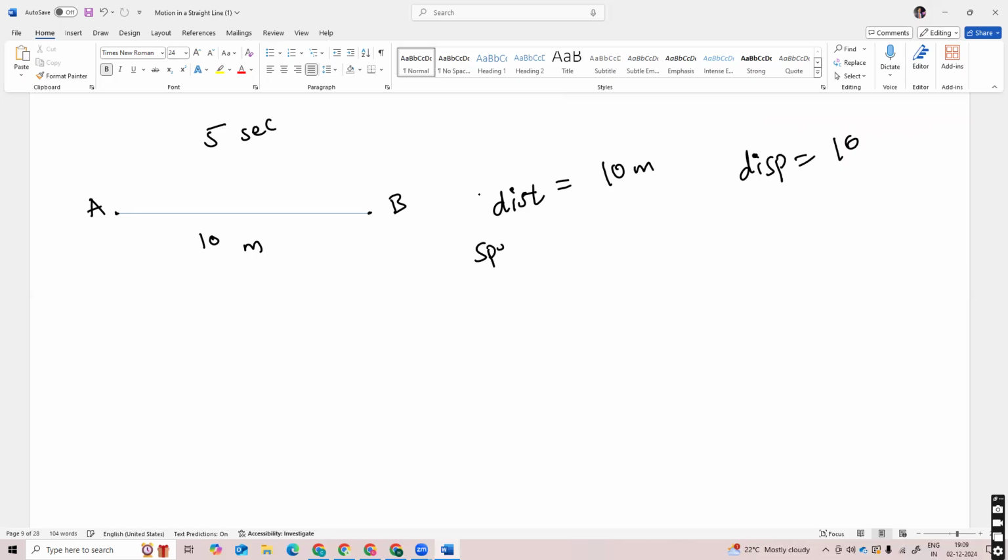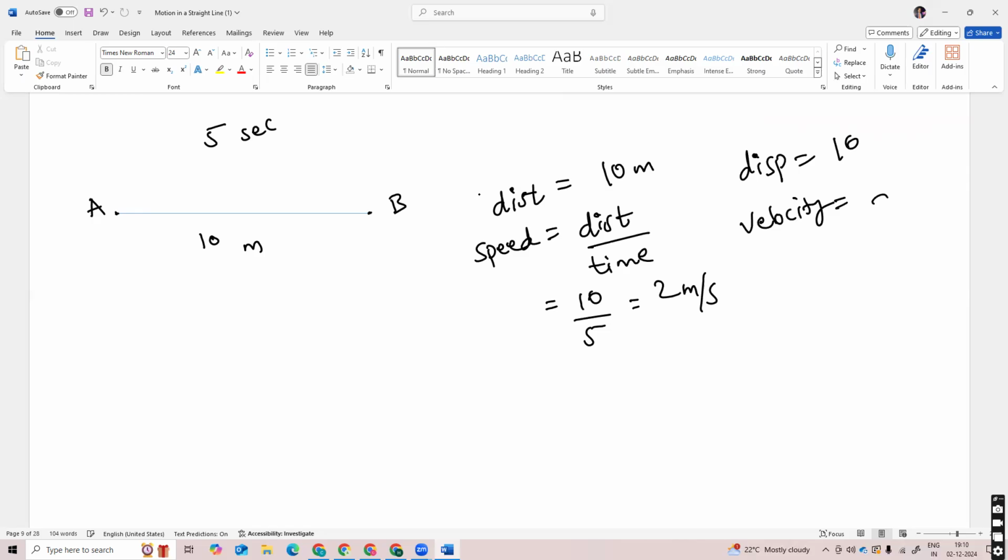Speed is distance upon time, which is 10 upon 5, equal to 2 meter per second. Velocity is displacement upon time, and displacement is also 10 meter, so it is also 2 meter per second.